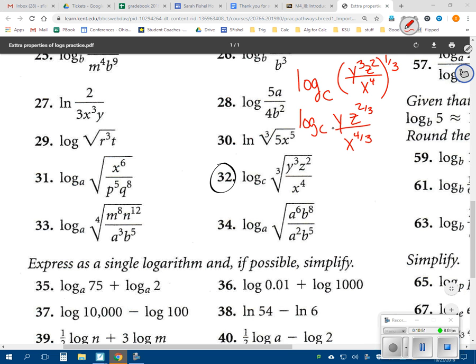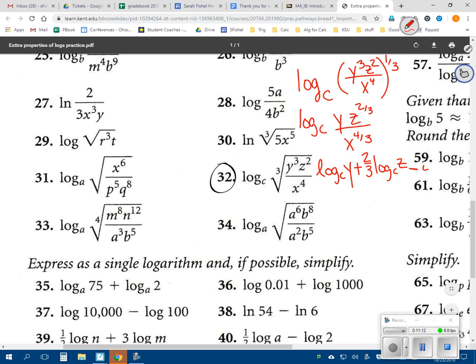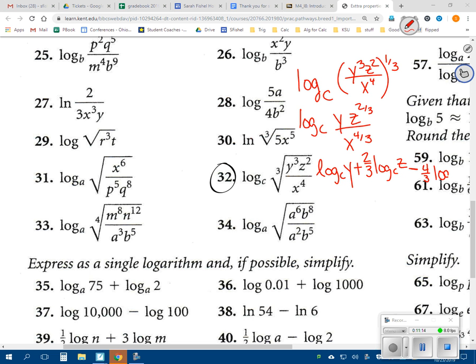Now it makes it easy for me to expand. So I've got log base c of y plus 2/3 log base c of z. And then now I've got division, so that becomes subtraction when I split it into two logs. Oops, and I forgot I got to put my 4/3 out front. 4/3 log base c of x.